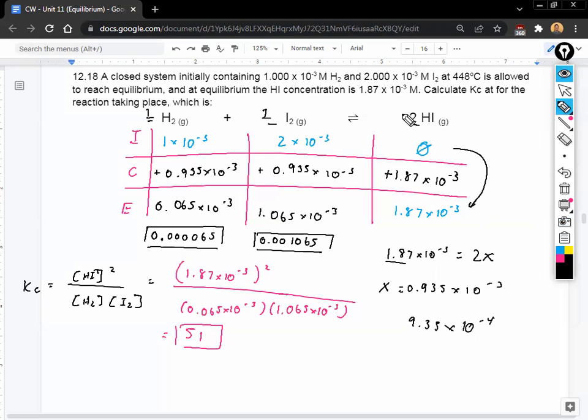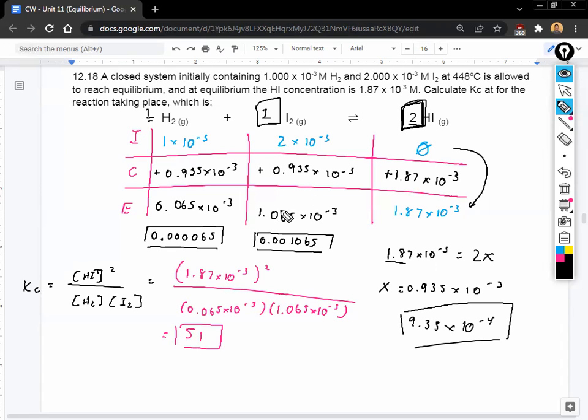Now, if you notice the coefficients, you need to get rid of 2 of these in order to make 1, right? And so what we need to do is divide it by 2 in order to get the change for these ones, because the ratio is 1 to 2. And that's why we divided the change of the product by 2 in order to get the change of the reactant. Okay, make sense?